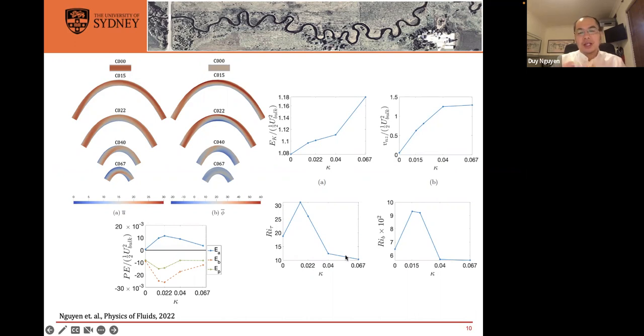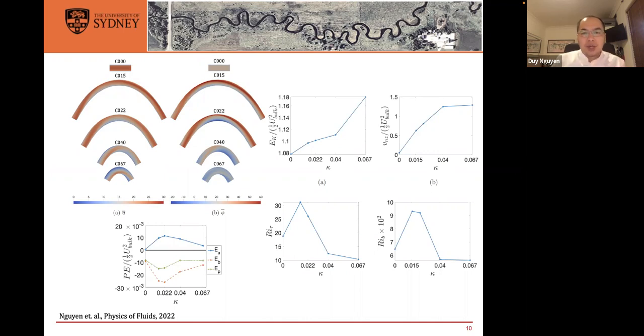This finding actually has some similar findings in estuary flow in the literature, but in estuary flow, they only compare between the straight channel and one other curved channel. Here we have a systematic range of curvature, so that's why we could see the trend not only from the straight channel to the lower curvature case, but we also see the change of the level of stratification between all of the higher curvature cases.